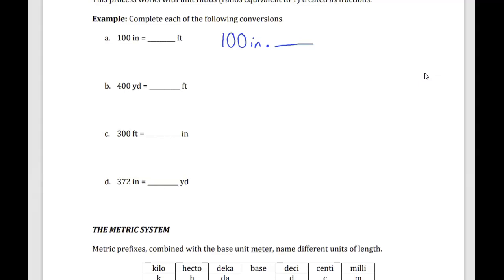Okay? Now, whatever unit we start with here, the inches, is going to go on the denominator here. And the reason why is we're going to want to cross those out. Okay? We want to go to feet, so we look at feet here.